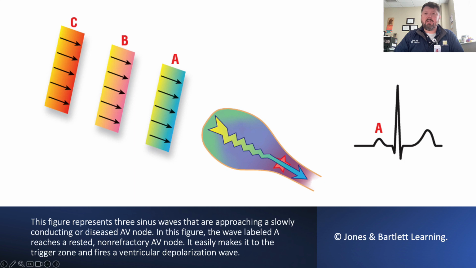As the supraventricular impulses reach the AV node, the first complex after the pause finds the node normally or near normally ready to receive and conduct it. The first supraventricular impulse is conducted without difficulty because the AV node is set to receive it. It easily makes it to the trigger zone and fires a ventricular depolarization wave.